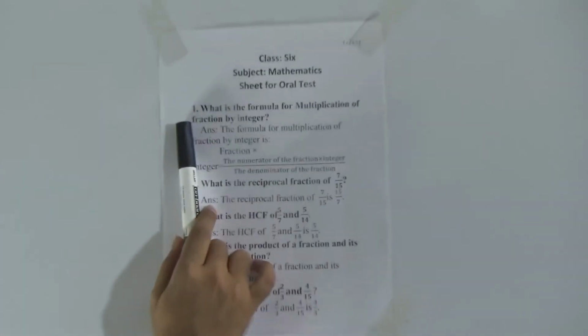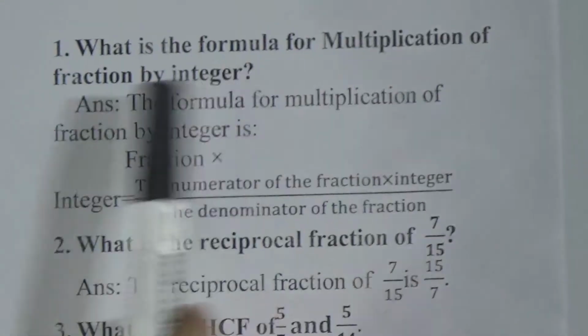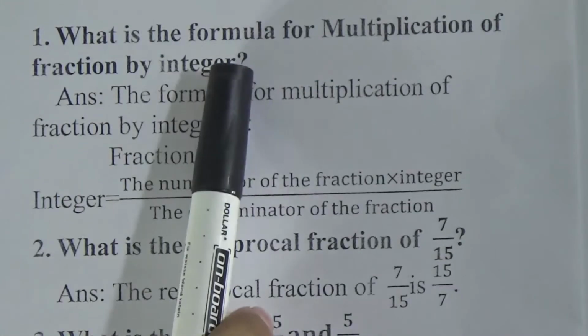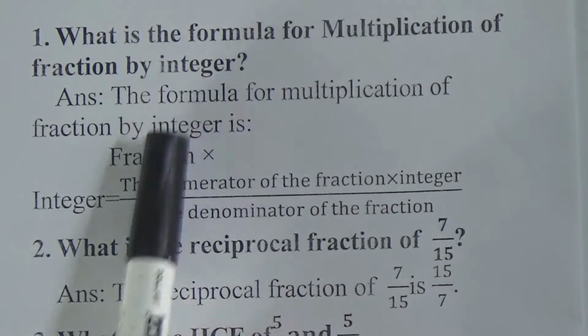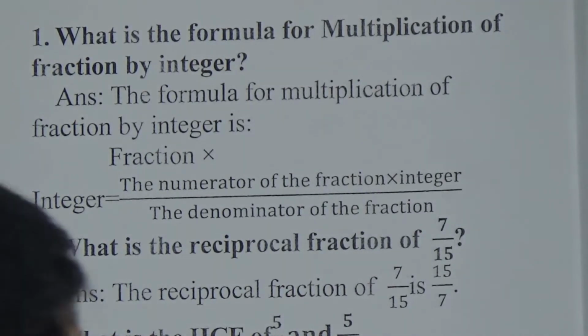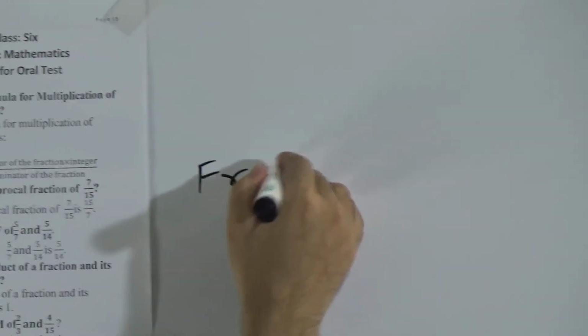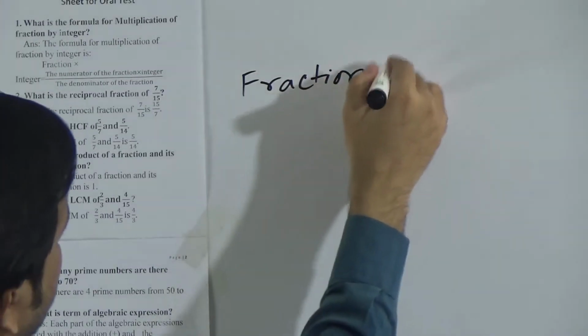Okay dear students, now see the first question. What is the formula for multiplication of a fraction by an integer? Dear students, when you multiply a fraction by an integer, you can write the formula: fraction multiplied by integer.